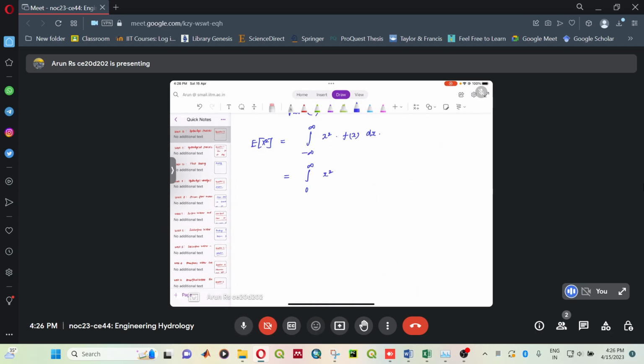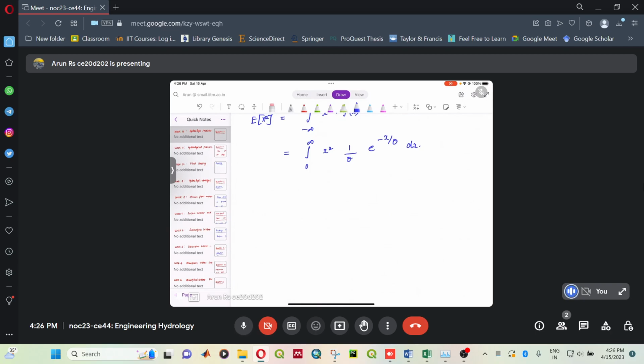So x square into x by theta into e power minus x by theta dx. So now we need to evaluate this integral.